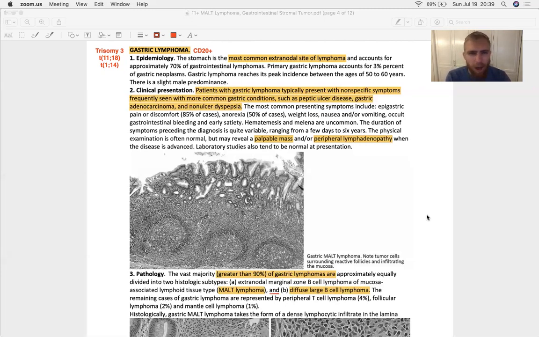You might find a palpable mass, but you'd have to be really digging in that stomach unless it's a big MALToma. And peripheral lymphadenopathy, meaning the disease has metastasized.